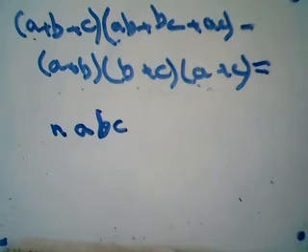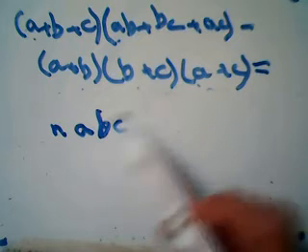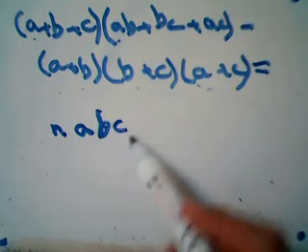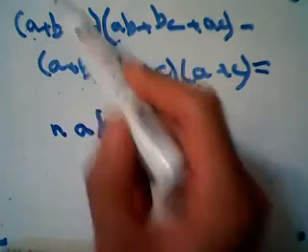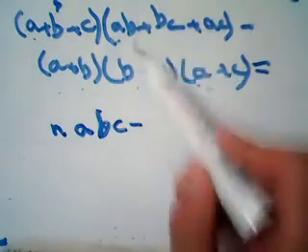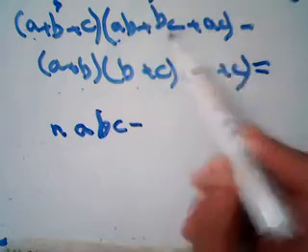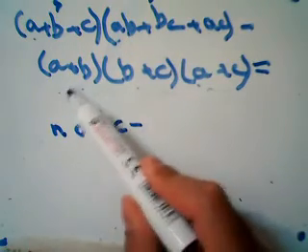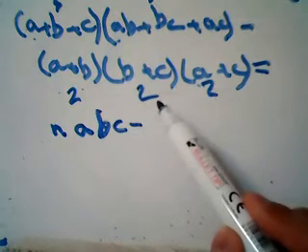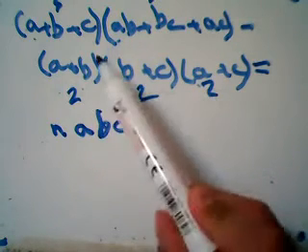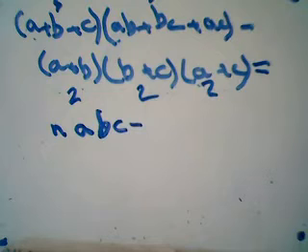Okay, let's substitute 1 in both of them. So this would be 3, this would be also 3, 1 plus 1 plus 1. Here we got 2, 2 and 2.